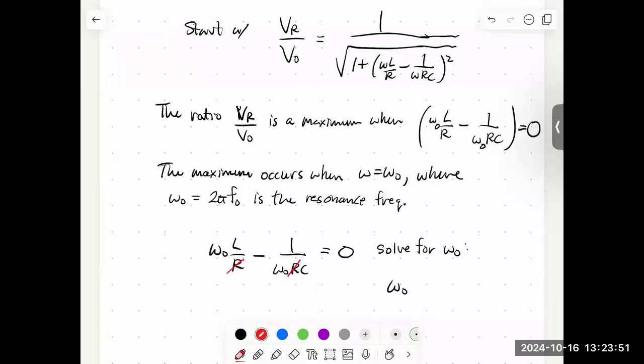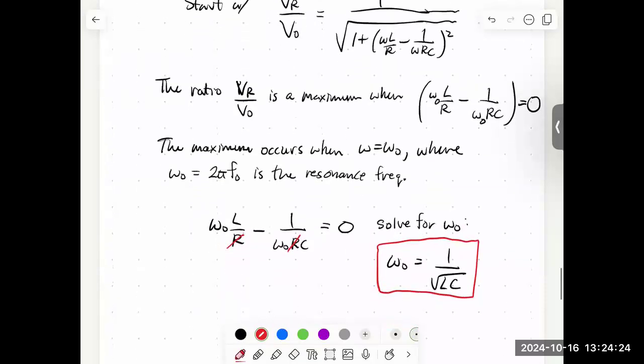We bring this negative term to the other side, multiply by omega, so we get omega naught squared is equal to 1 over LC. Take the square root, and omega naught is equal to 1 over the square root of L times C. So if you know L and C, you can find this frequency where you expect a peak in this voltage ratio. Essentially a peak in the current is what we're going to find.